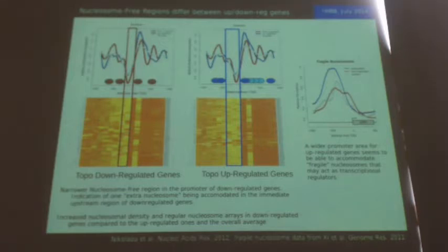When you look at the fragile nucleosomes, first of all, you see them preferentially in the gene upstream regions, in all cases. But they have an almost twofold enrichment for upregulated genes. This is upregulated genes, downregulated genes, and all genes in light gray. So it's not that this area is nucleosome free, but that there are probably nucleosomes there that are easier to kick out.